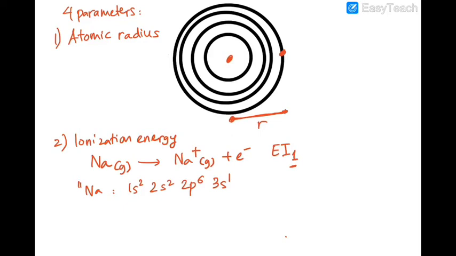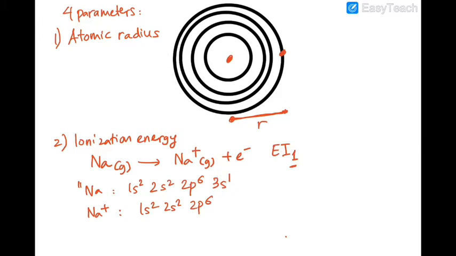Now, if we want to make sodium plus, then the configuration will become 1s2, 2s2, 2p6. Yeah, the electron will be released from the outermost shell.